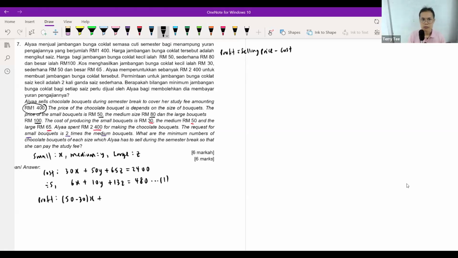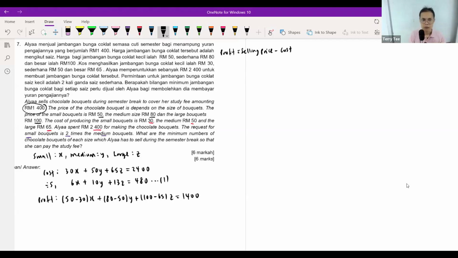Then for medium size it is 80 minus 50. For large it is 100 minus 65. The total is a profit of 1,400.